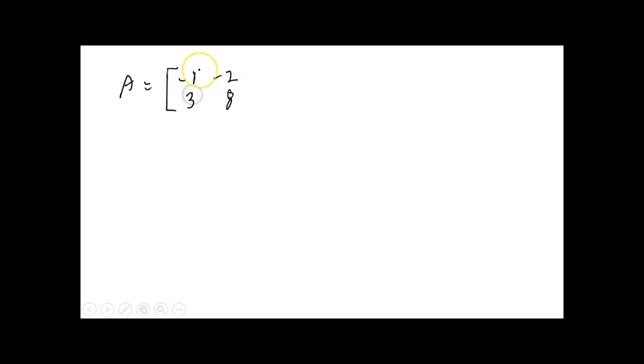What we had done, the first thing we did, we multiplied the top row by -1. So the elementary matrix we used for that was what? -1, 0, 0, 1. Okay?